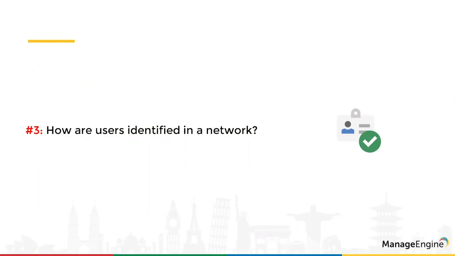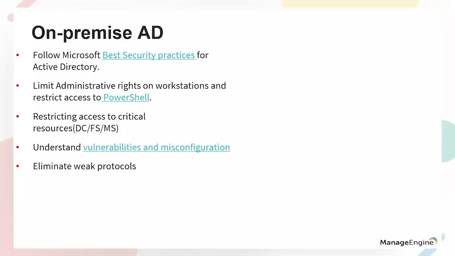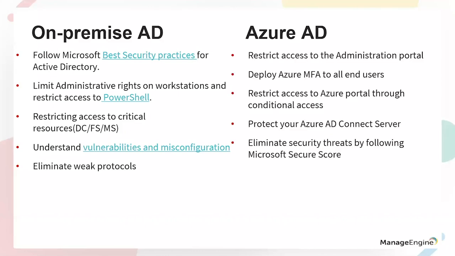How are weak protocols eliminated, or how are you monitoring who is doing what, when, where? Because that is also a part of identity access management, when you have to understand who is doing what with the associated privilege. So this is where I am going to give you some best practices for on-premise AD and for your Azure Active Directory as well, right?